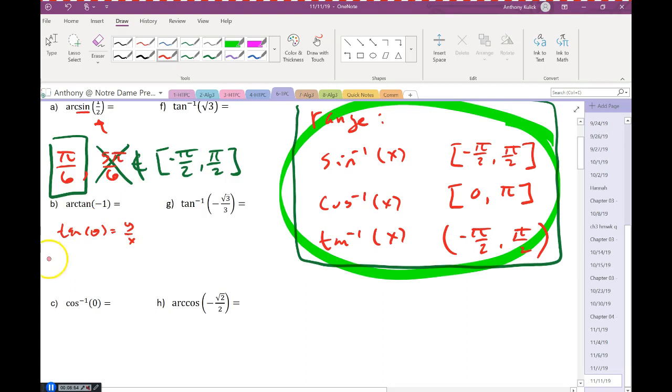So if I want to find a place where y over x is equal to negative 1, what I'm looking for is a place where y is equal to negative x, or negative x is equal to y, right? Where the coordinates have the same value but opposite sign. So if I look at my unit circle for a place like that, I see 2 places that fit that. Take a moment, look at your unit circle and see if you can find them.